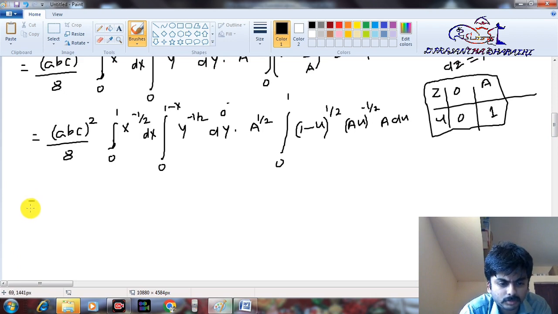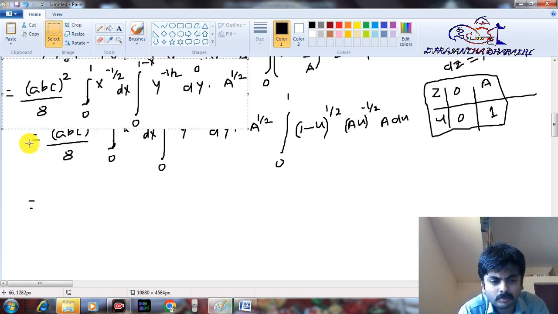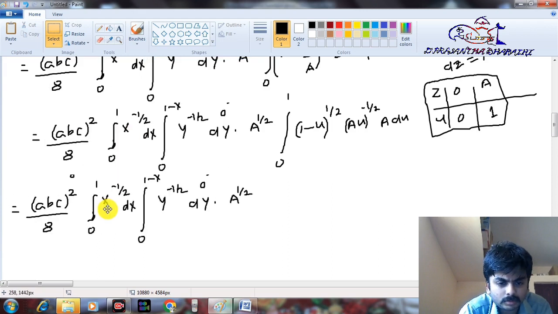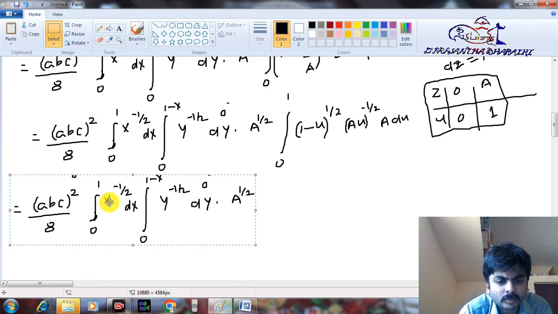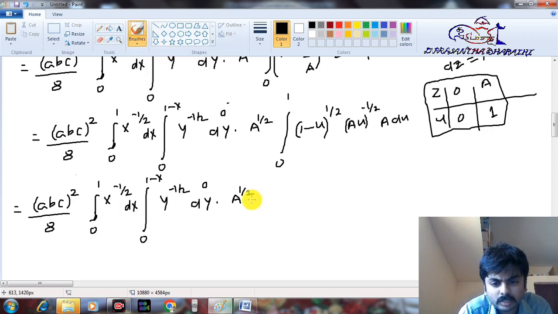So now we are having this. For this we shall write: a power 1 by 2, here is also an a power minus 1 by 2, so it will be minus 1 by 2 and there is one a, so that is plus 1.